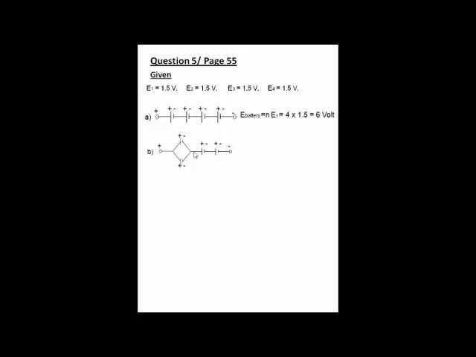So these 2 cells are going to give us the value of only one cell, equal 1.5 volt. So electromotive force battery is equal E1, which is the value for both cells, plus E3 plus E4. Electromotive force battery in this case will be equal 4.5 volt.